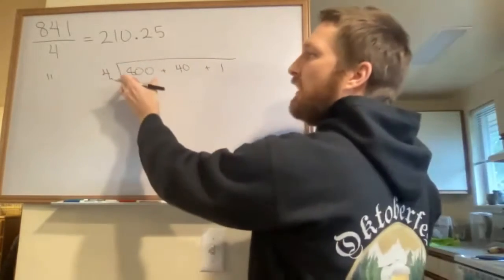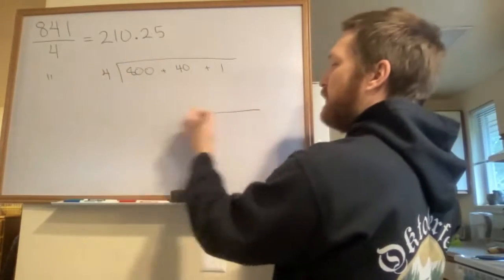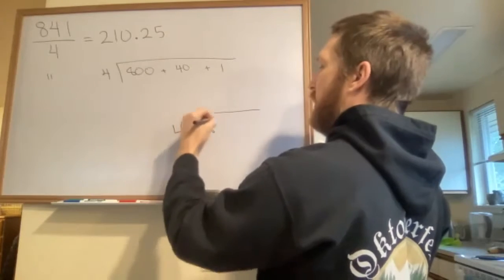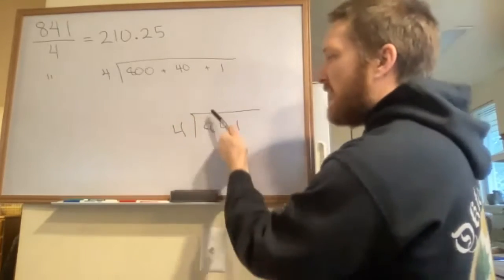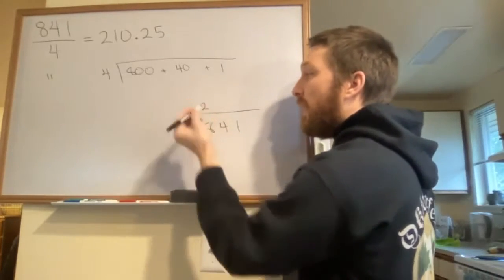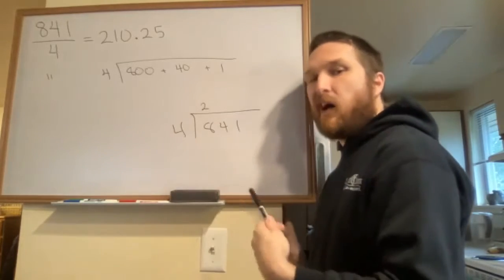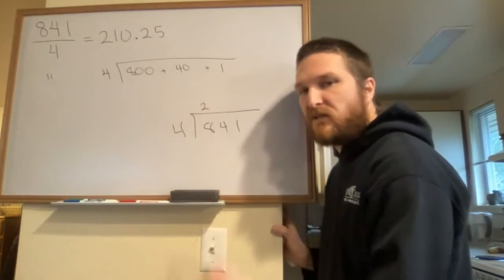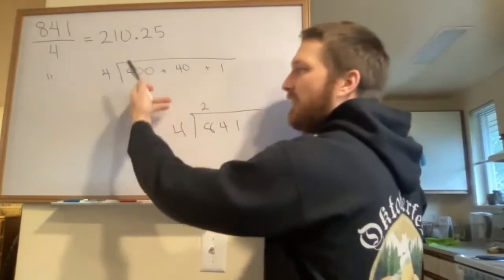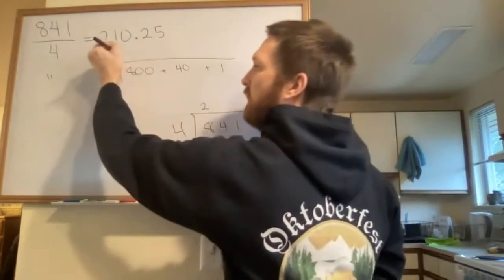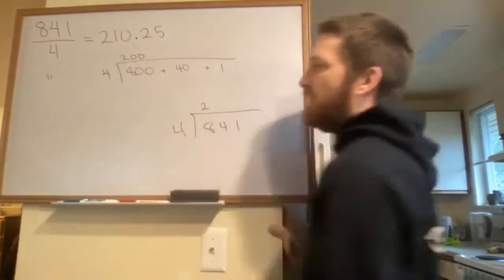But when you put it in the place like we did, we had 4, 8, 4, 1, and you say, I'm going to put a 2 here above the 8. Well, that's because the 2 is in the 100s place. Just like we said earlier, 800 divided by 4 is 200. That's what we're doing right there.